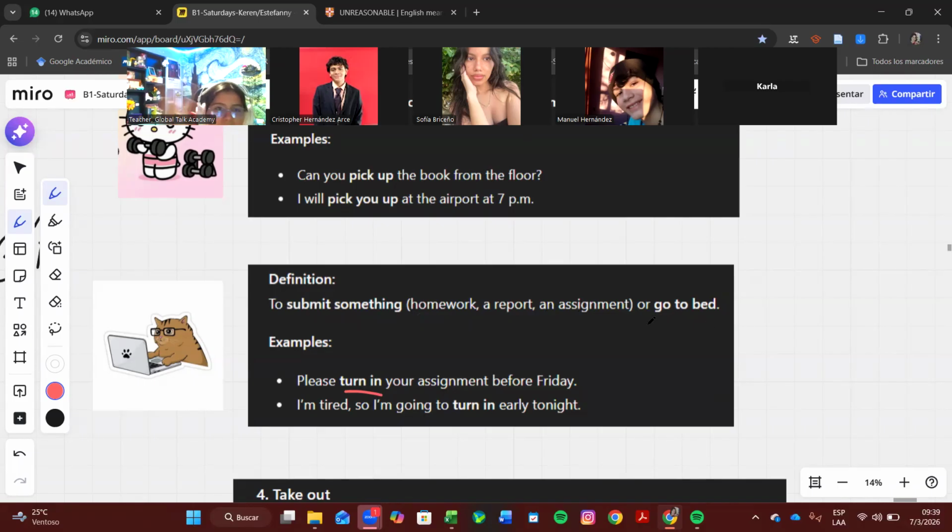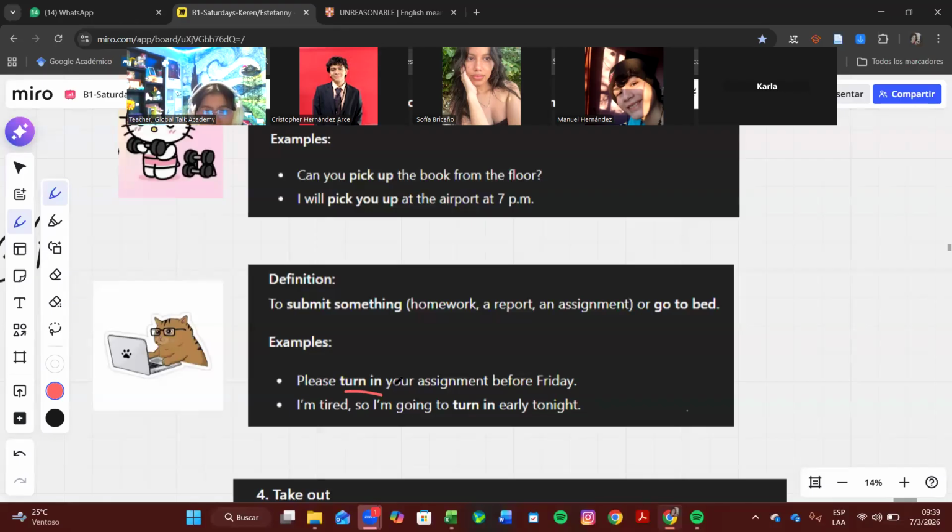It could mean, as I mentioned before, you have two or more meanings for different words. For example, turn in can be submitting something or going to bed. In this case, I can tell you, guys, you have to turn in the assignment number 3 before midnight, right?